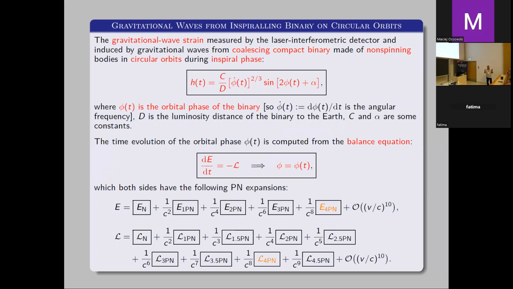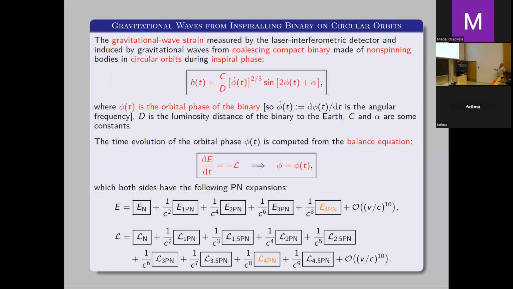So in very many astrophysical situations, we expect that when the gravitational wave frequency enters the observational band of the detector, the orbits will be very circular. So their evolution can be understood as a circular evolution of practically circular orbits.